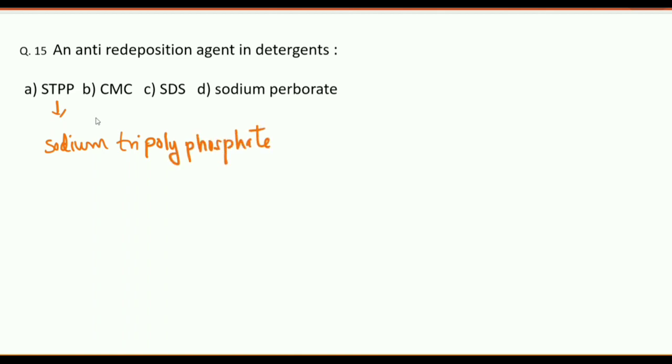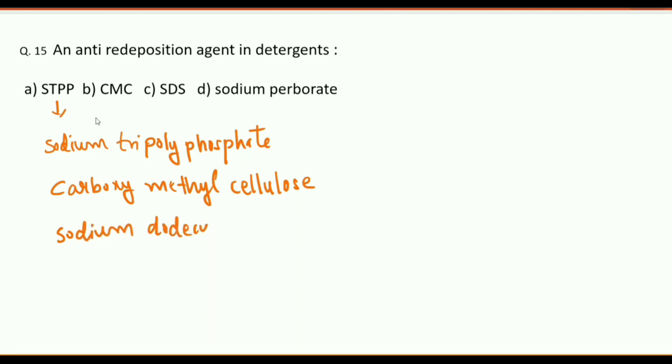Now CMC is carboxymethyl cellulose. Next one is SDS. It is sodium dodecyl, S means sulfate. Now sodium perborate. So the correct answer is CMC, carboxymethyl cellulose.